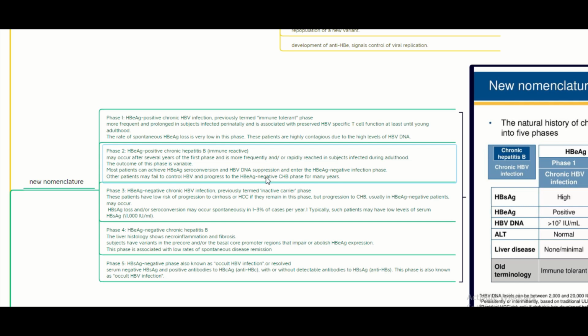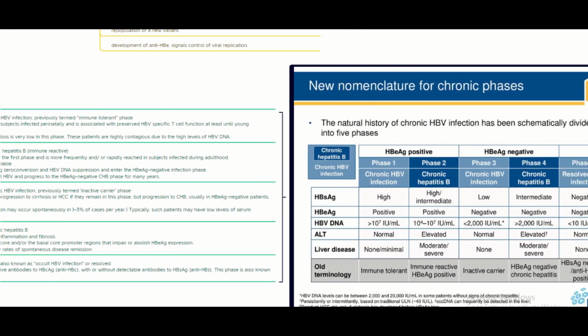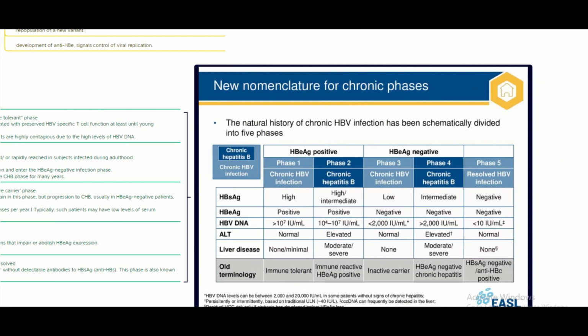Other people will fail to go into the HBe negative phase. These patients will have a lot of hepatitis flares and usually end up with really big liver damage and a lot of complications.